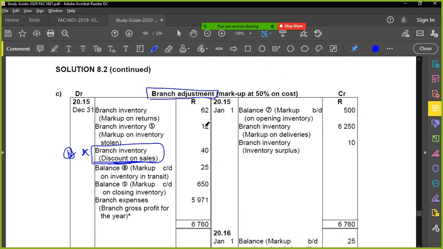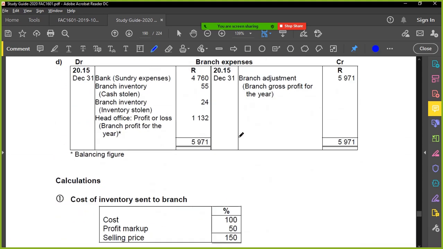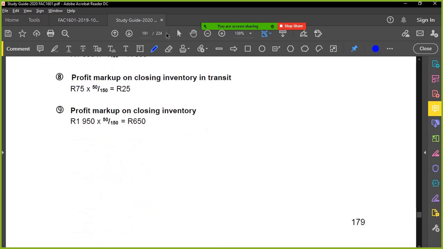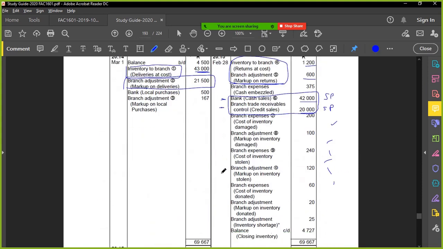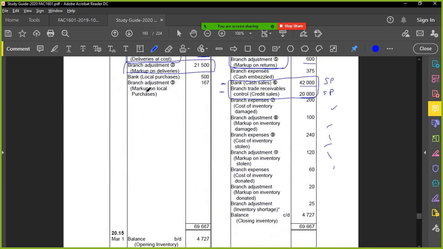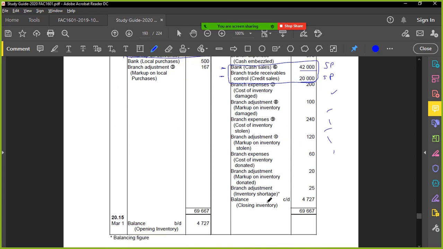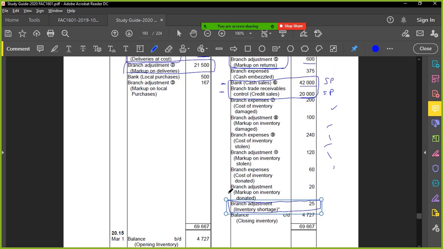So depending on what the account looks like, let's look at another example. Here, this one. Here you had the inventory shortage. I think that would have been the balancing figure. I can't remember now, but you're looking for the balancing figure. It just gets referenced in the branch adjustment accounts.